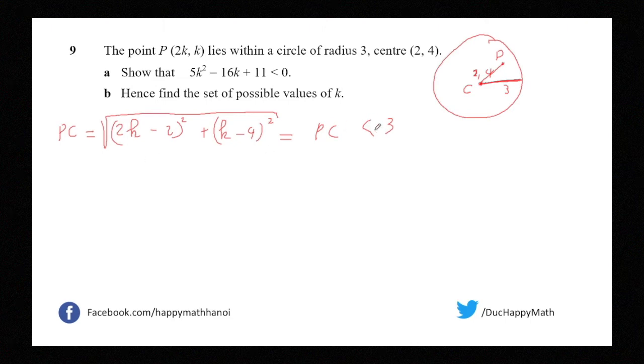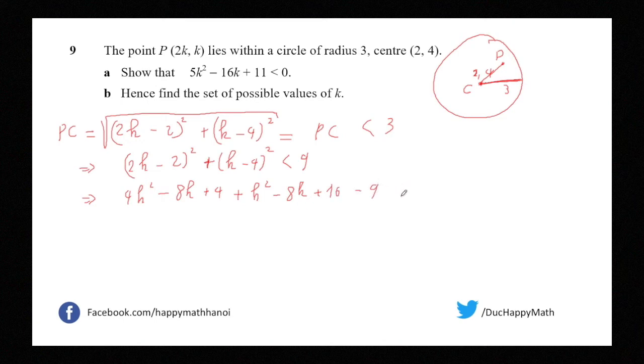So from this inequality I want to square both sides. It is 4k squared when you expand, and this is 8k plus 4 plus k squared minus 8k plus 16 minus 9 less than 0.